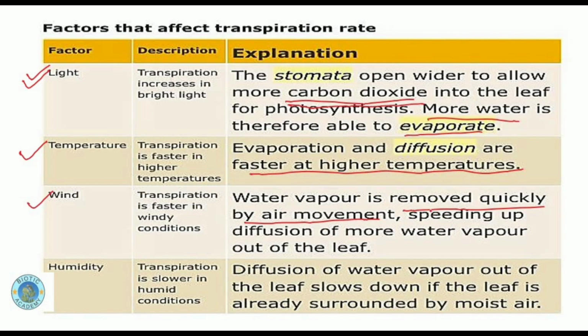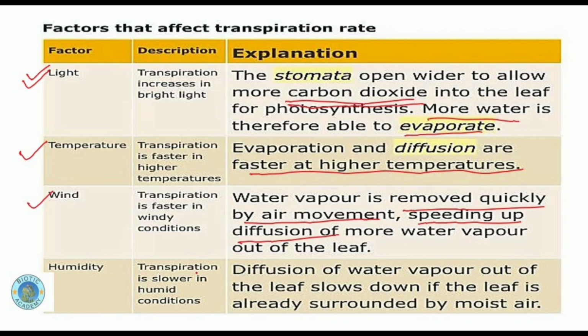As a result, a concentration gradient develops between inside and outside of the leaves. So the rate of transpiration increases because the concentration of water vapor outside the leaf in the environment will be low because of the wind, and the rate of transpiration will increase.